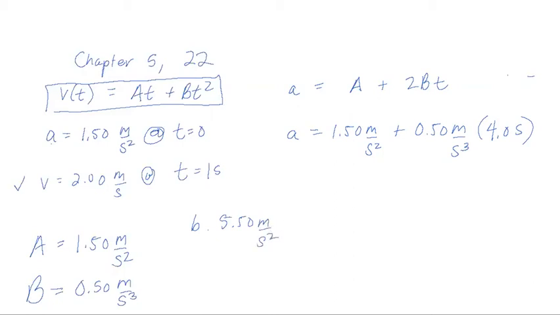All right, and C wants to know the thrust force. And to solve for that, F equals ma, so I was given m. So force equals mass times acceleration. I'm assuming they mean at 4 seconds. Let me look at these.